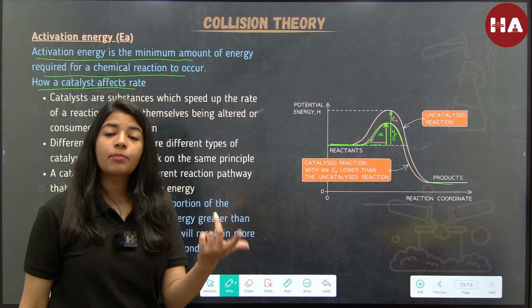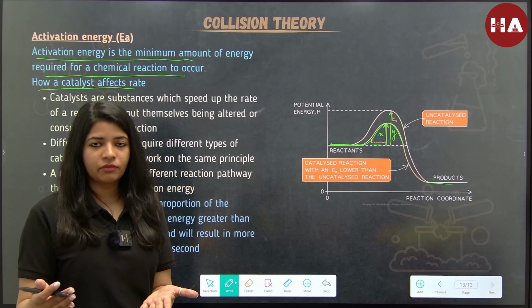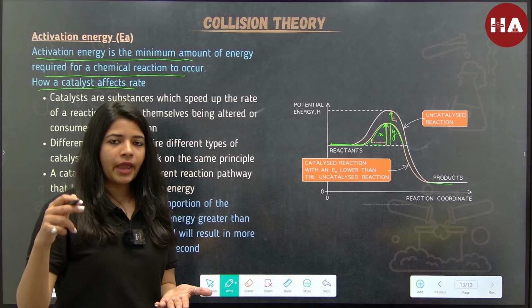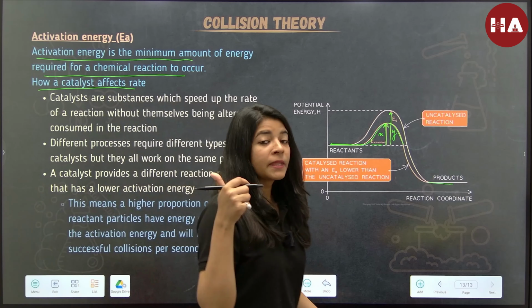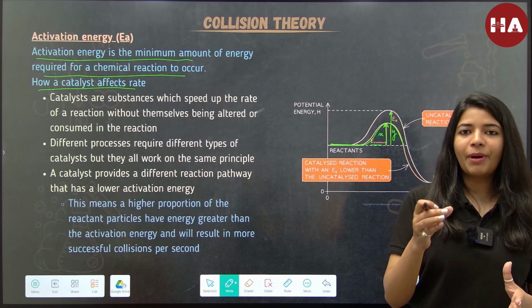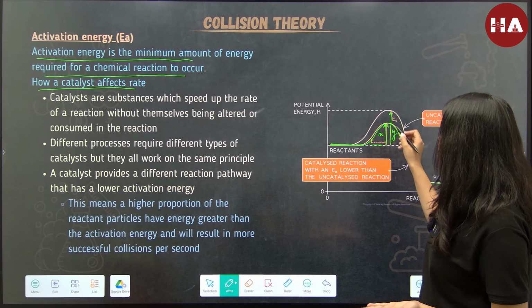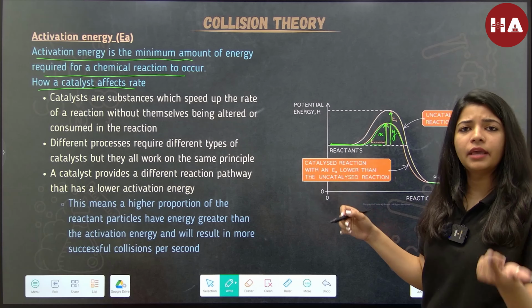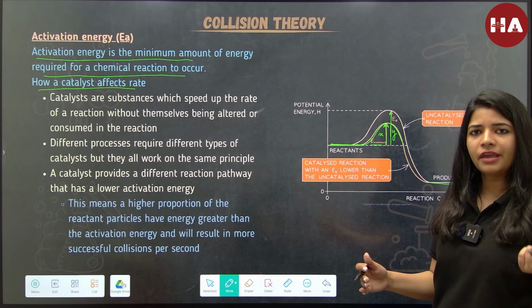Catalyst does not take part in a reaction, but it will just provide a new pathway which is shorter, hence increasing the rate of reaction. I am repeating once again, catalysts do not take part in a reaction chemically, but they provide a different or shorter pathway for a reaction to take place, thereby increasing the rate of reaction. The reaction will occur faster if we add a catalyst.